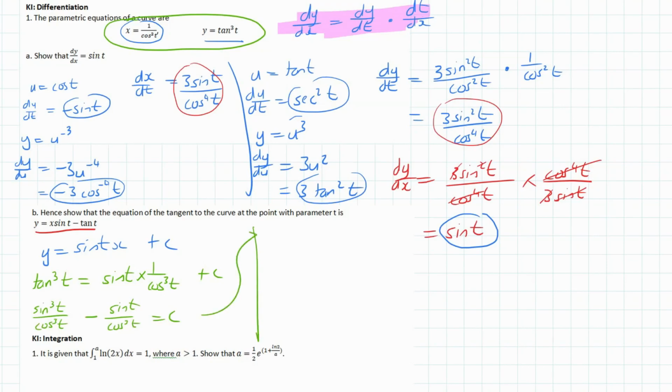And then we can factorize that perhaps, so we go sine t over cosine t into sine squared t over cosine squared t minus 1 over cosine squared t.